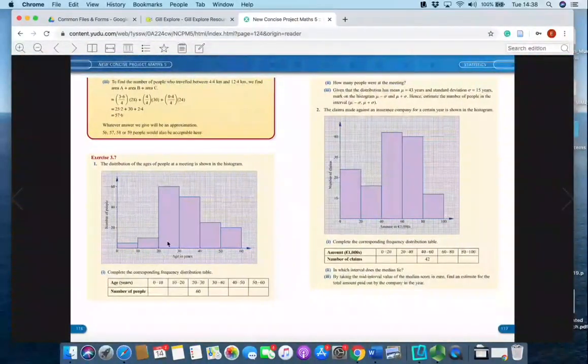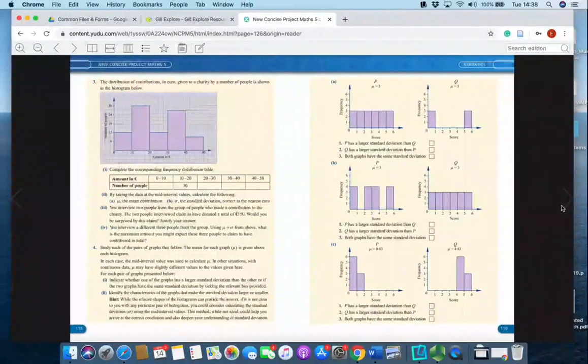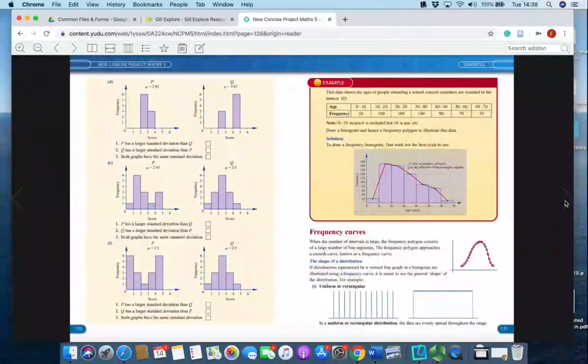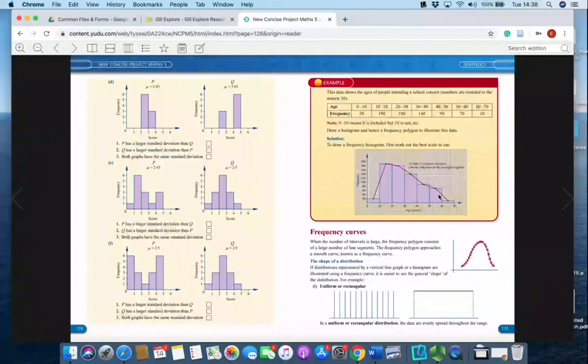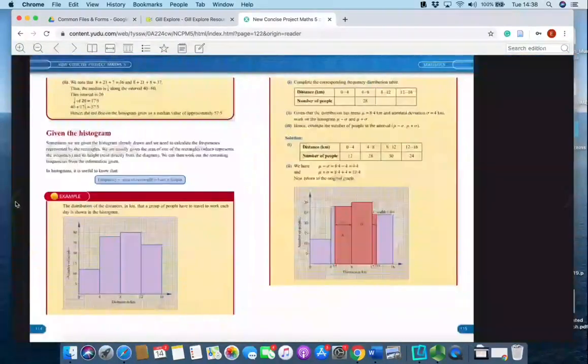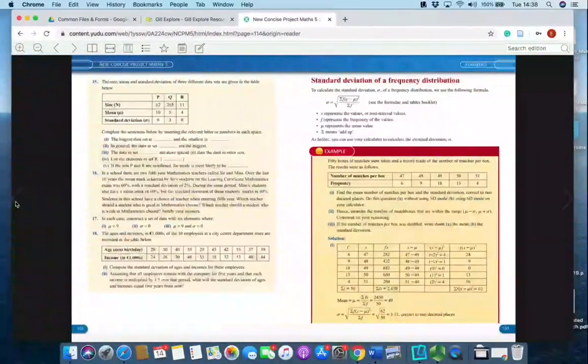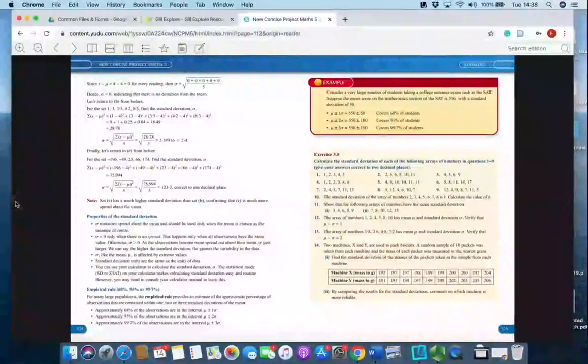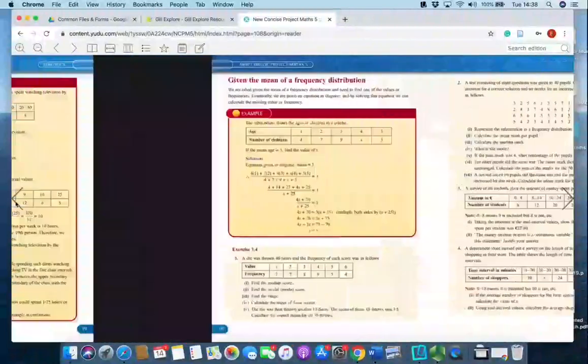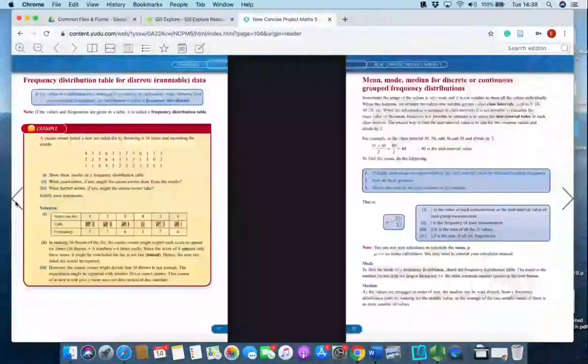This data would be a little bit skewed as well, and this data is definitely skewed, whereas this data here is much more symmetrical. So it's when your data is not symmetrical that your mean, mode and median differ.